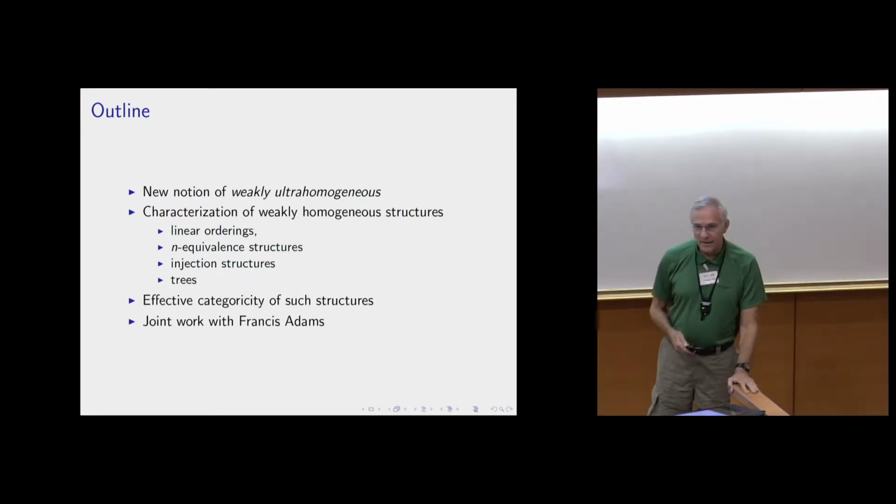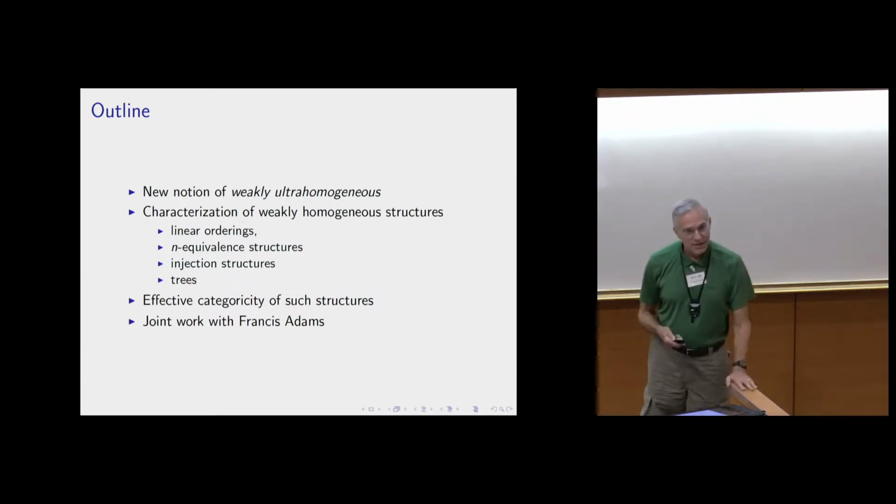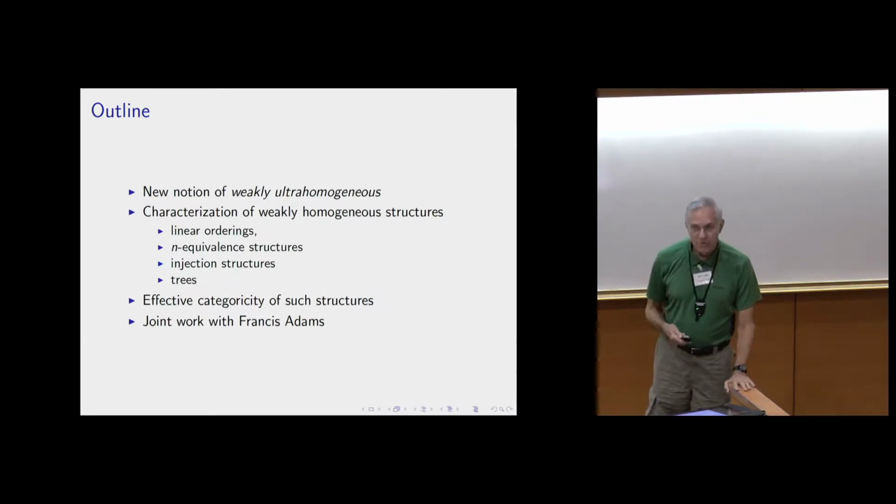When we've been working on the computable and other categoricity of structures, we always have some finite set of parameters that are allowed to help us with our definitions and constructions. The weakly ultra-homogeneous notion simply adds in a finite set of parameters, as you'll see.